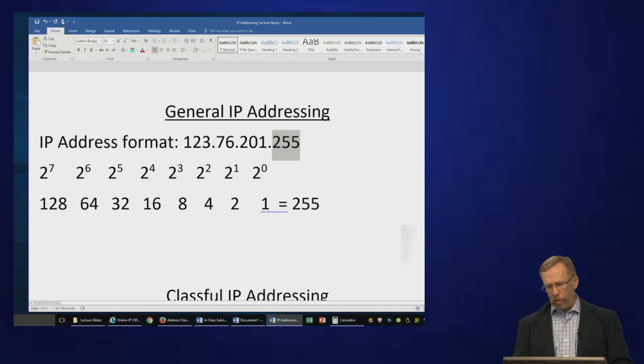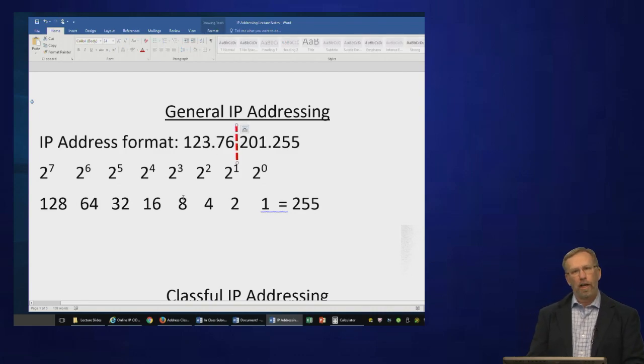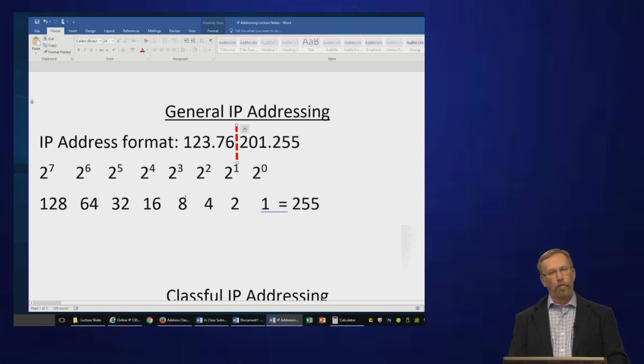Well, when we were talking about MAC addresses, I put a nice little line down the middle and said the left half identifies the manufacturer of the card, and the right half identifies the card serial number, essentially.